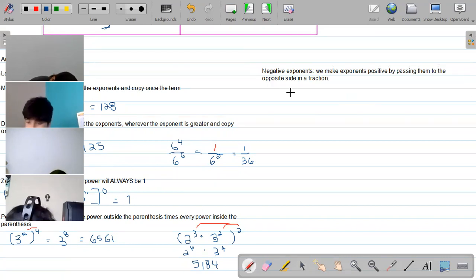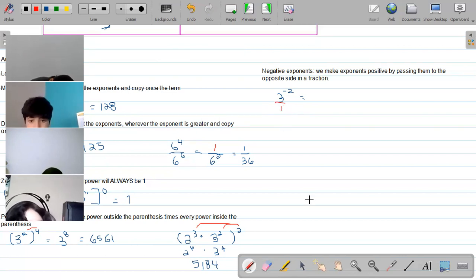Okay, so let's begin with an example. Let's say that I have 3 to the negative 2 power. And I don't want to work with negative exponents. So I'm going to add an imaginary 1, so I can make it a fraction, okay?